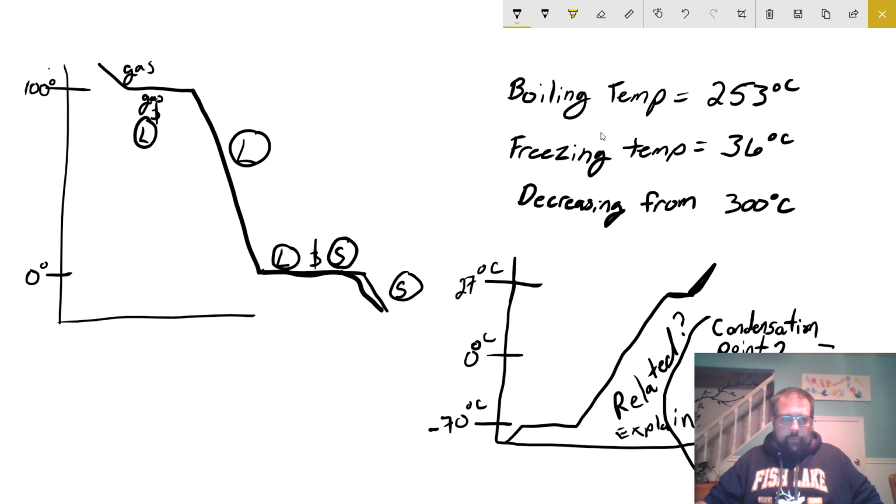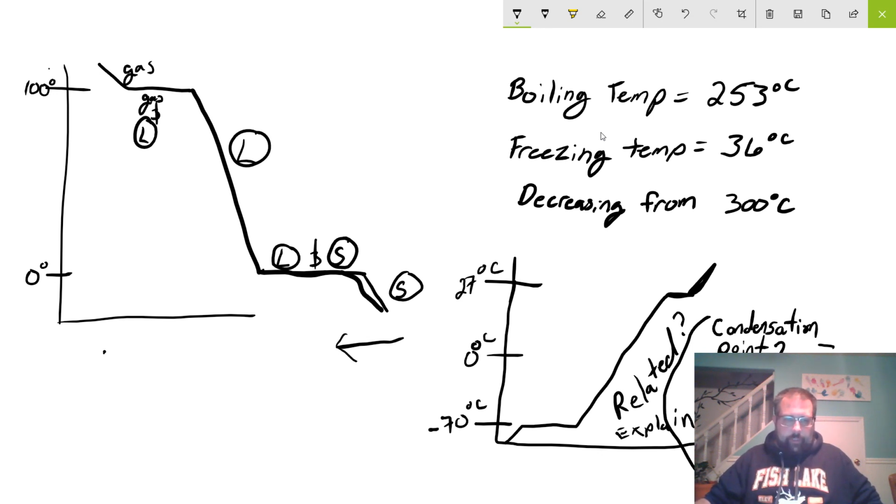When you're going down in temperature, it's condensing and it's freezing. Going up, if we change the time to go this way, then this is the melting point and the boiling point.